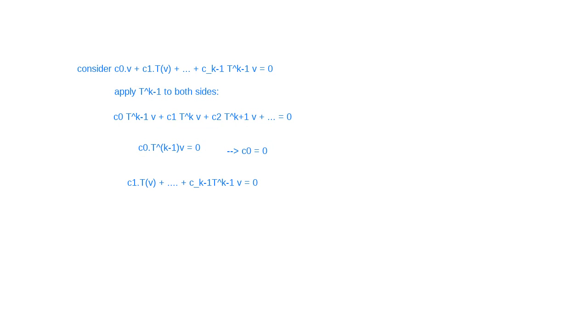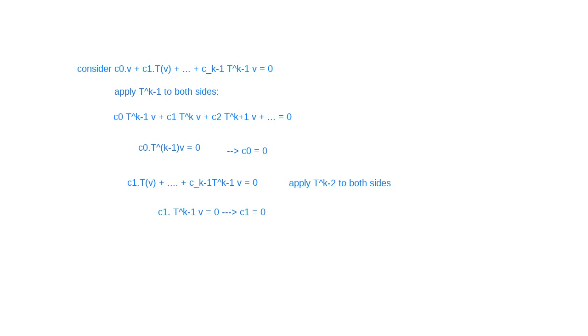Now we apply t to the k minus 2 to both sides. Once we do, everything disappears except c1, and you just get c1 times t to the k minus 1 of v equals 0. So that tells you that c1 equals 0.